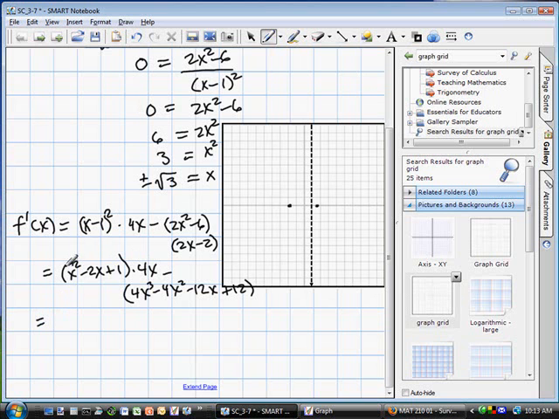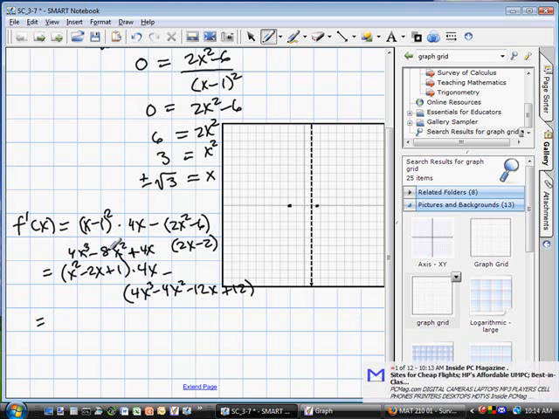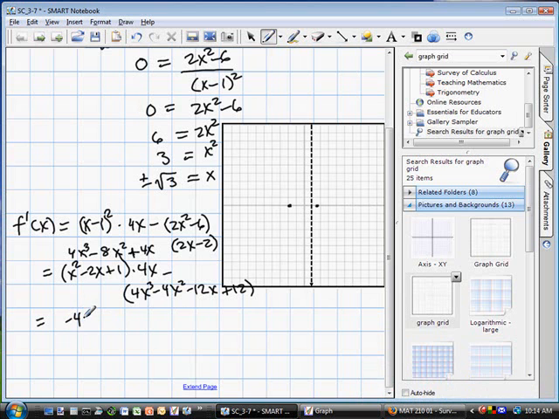What is this thing here? 4x cubed minus 8x squared plus 4x. So bringing everything together, I have 4x cubed minus 4x cubed, so the cubes are gone. I have negative 8x squared minus a negative 4x squared. I have positive 4x minus a negative 12x. And I want to subtract a positive 12.